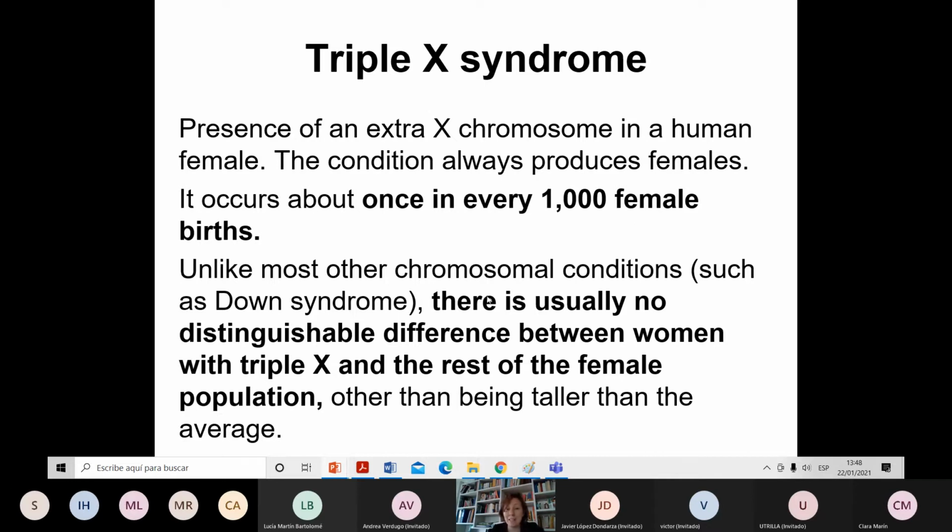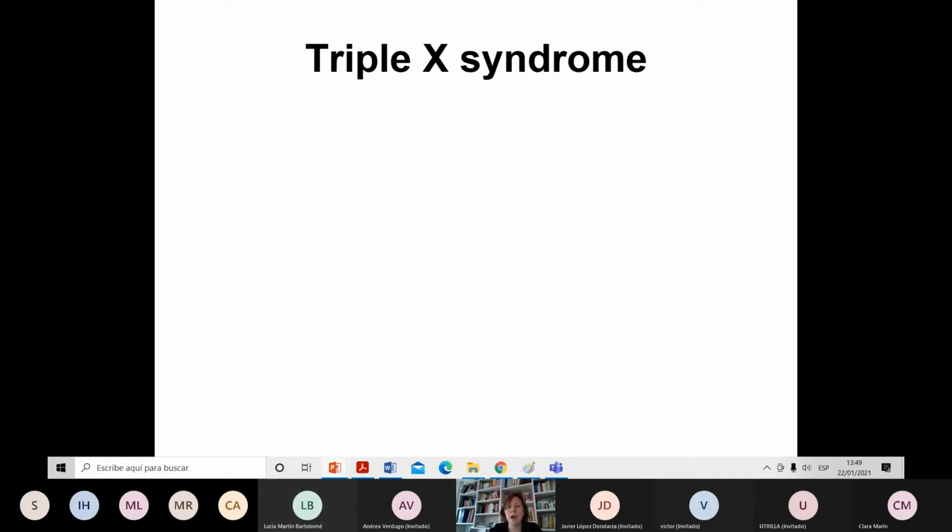And again, we usually do not differentiate these women from the rest of the population. Some of them are taller than the rest of the female population, but that's it. There's no difference in the physical appearance apart from being a little bit taller.